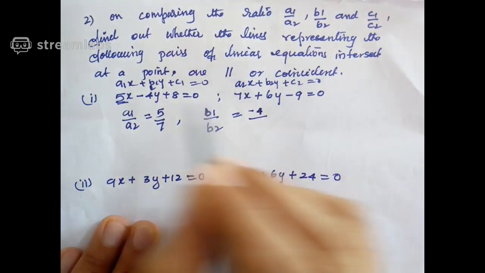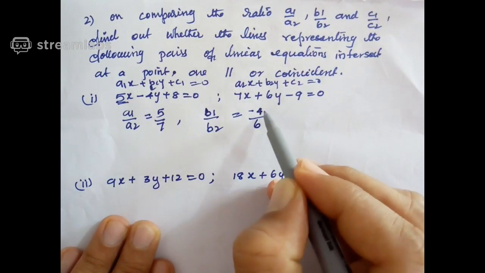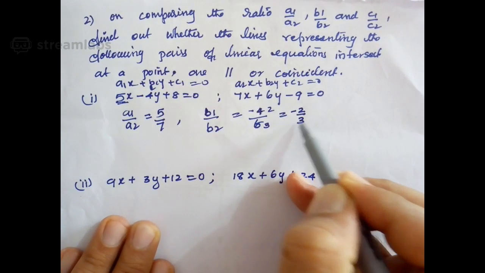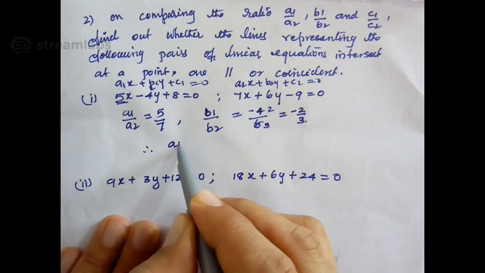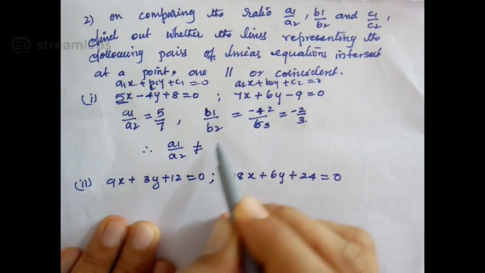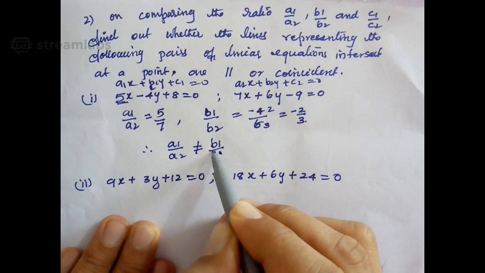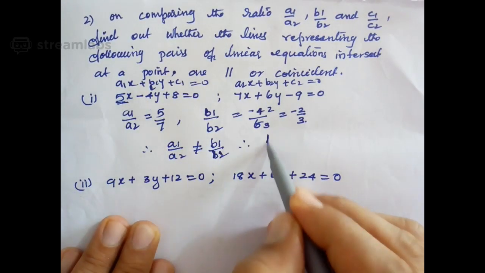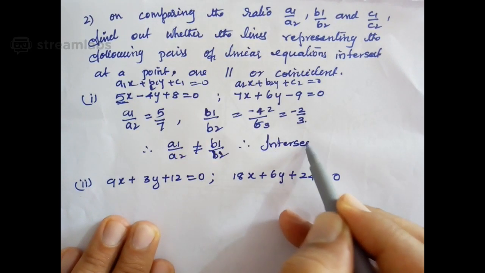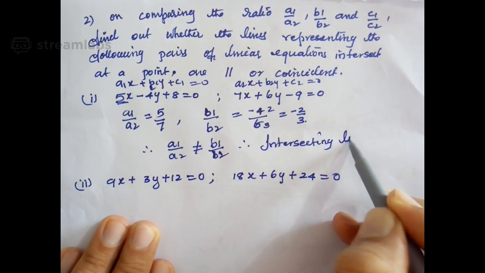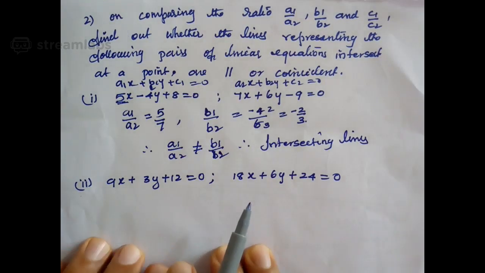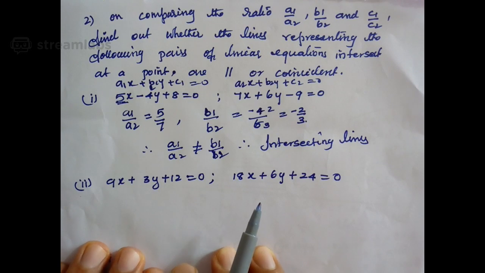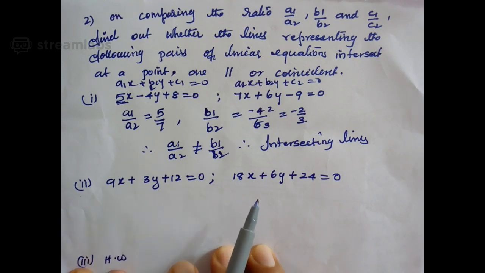Minus 4. B2 is 6. That is minus 2 by 3. Therefore, what we can conclude, A1 by A2 is not equal to B1 by B2. Therefore, it is what? Intersecting lines. Therefore, 5x minus 4y plus 8 is equal to 0 and 7x plus 6y minus 9 is equal to 0 intersect at one point.